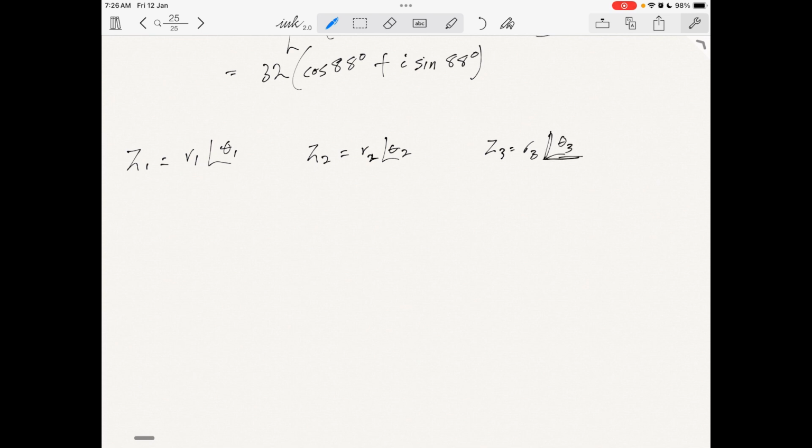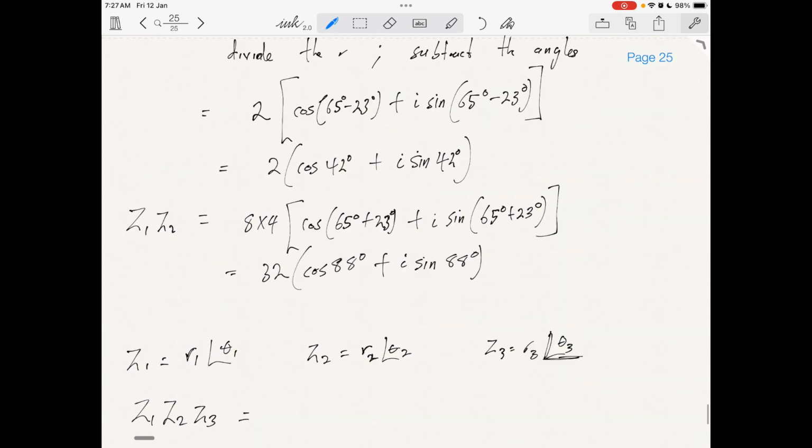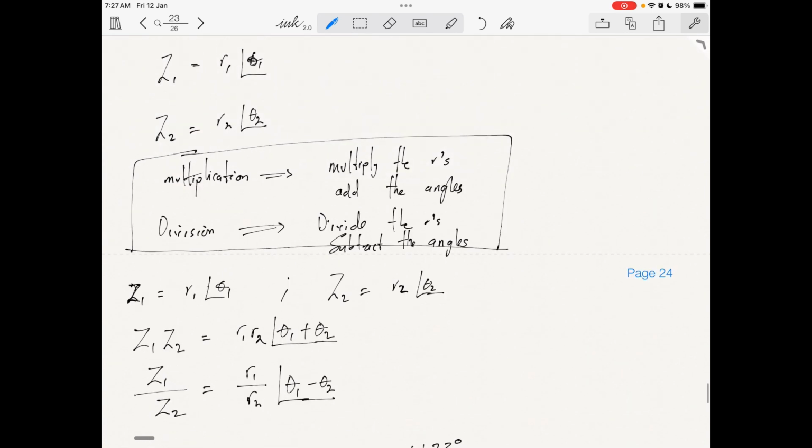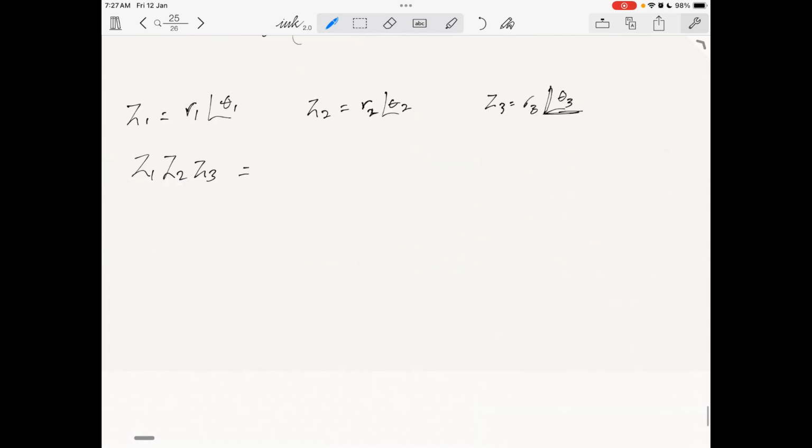In this case, we want to evaluate z1 z2 z3. We can just multiply z1, z2, and z3. We multiply the r's and add the angles, so we multiply the 3 moduli and add the 3 angles.